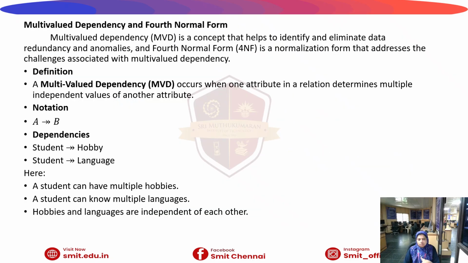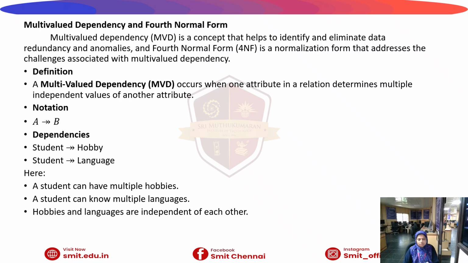What is a multi-valued dependency and fourth normal form? The multi-valued dependency is a concept that helps to identify and eliminate data redundancies and anomalies. Fourth normal form addresses the challenges associated with multi-valued dependency. It occurs when one attribute in a relation determines multiple independent values of another attribute.